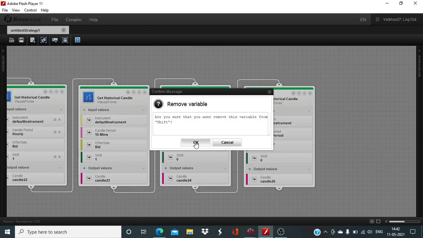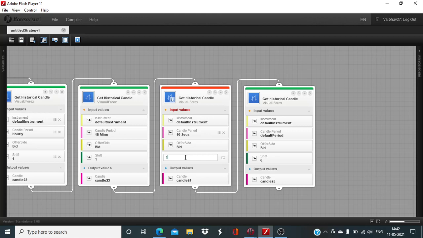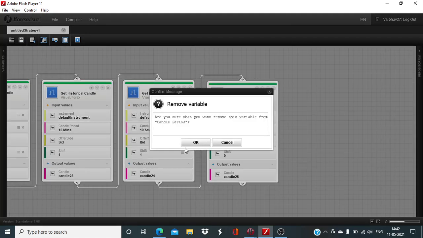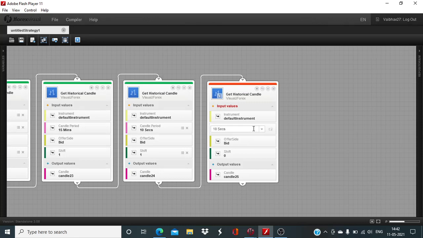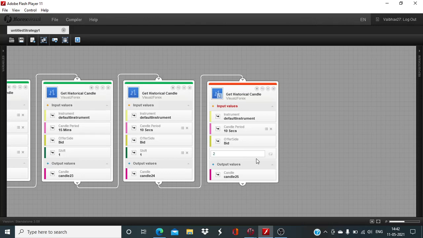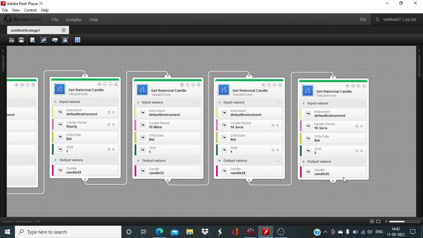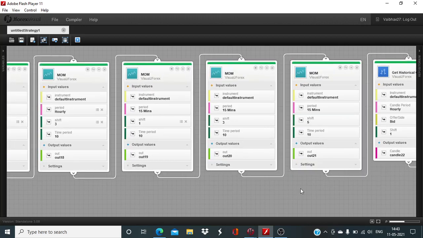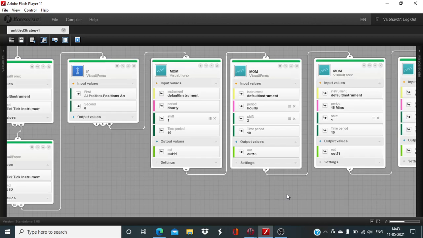Look back period of 1. Shift will be 2. Okay, so these are going to be basic building blocks for our algorithm.